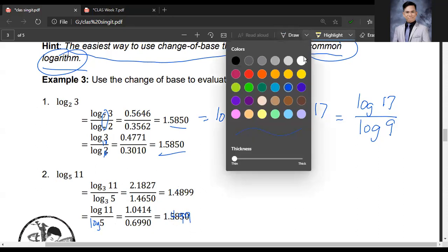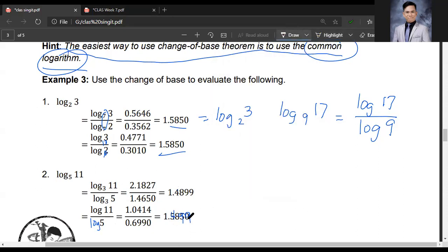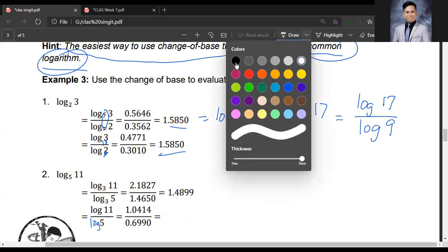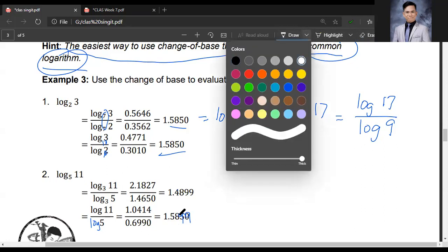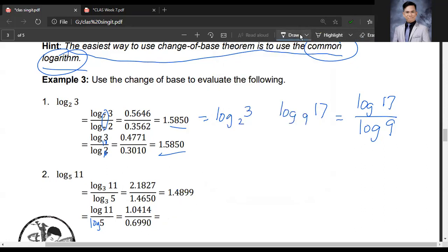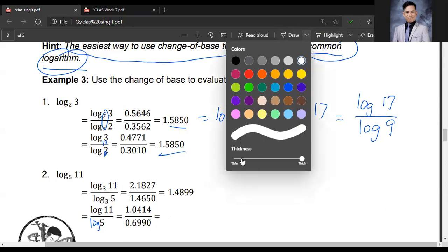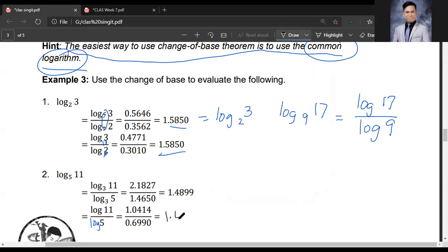Wait lang, ayusin natin. Baka ma-shook kayo, diba? Bakit iba yung sagot ni sir? Sorry. So, ang answer dito is, ano nga answer? That would be yung nasa taas, which is 1.4899. Ayan.